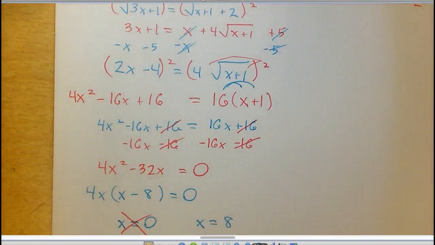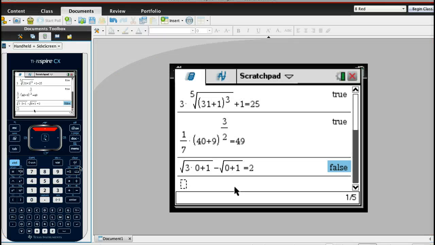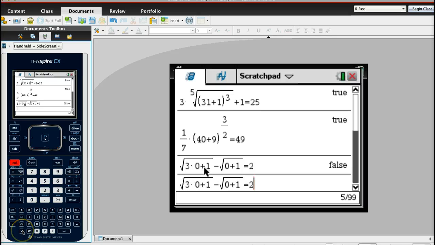Okay, now let's try positive 8. I'm going to go ahead and go up and just control copy that equation so I don't have to type it all in again. And then control paste down here. Okay, instead of 0, I'm going to plug in an 8.